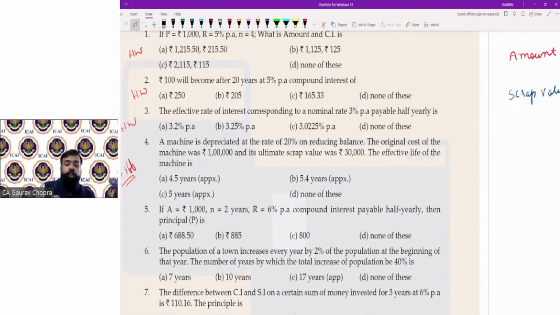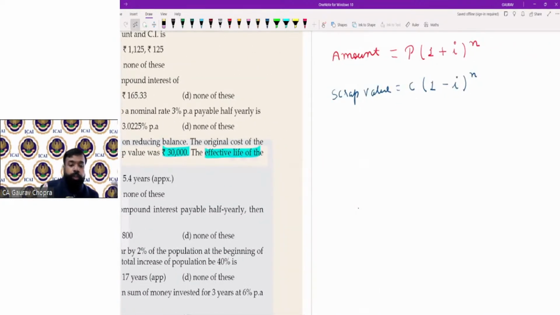Now, the machine is to be depreciated at the rate of 20%, so 20% is the rate. The original cost of the machine is 1 lakh, so this is the cost. And the scrap value is also given, that is 30,000. And we have to calculate the effective life. So let us substitute the values. In place of scrap value, we put 30,000.